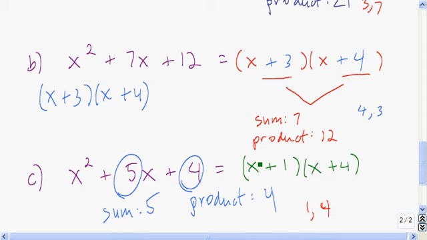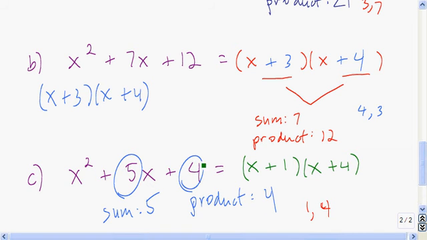Because each of these is x plus a number, it doesn't matter which one we put the plus 1 in and which one we put the plus 4 in. I encourage you to always check your answer. If we were to FOIL it, we get x squared plus 4x plus x, so that's plus 5x, plus 1 times 4, which is 4.